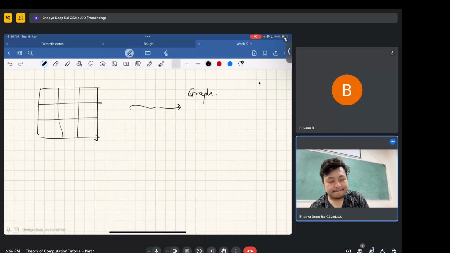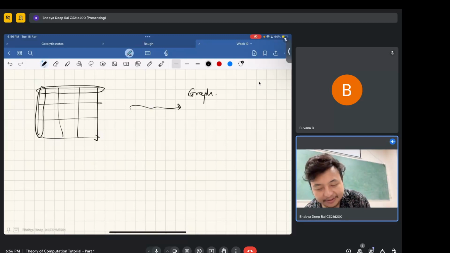Okay, now the trick here is as follows. In a Sudoku, we are saying for each column each of the numbers should occur exactly once. And even in the rows, each of the numbers should occur exactly once, and in the subgrid also, it should occur exactly once. So now I will do the following construction.